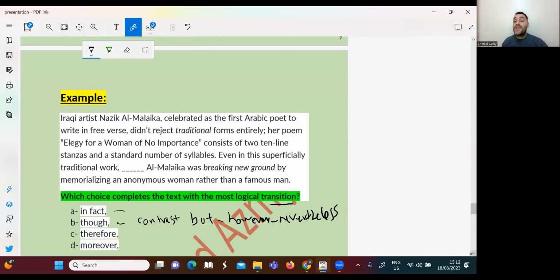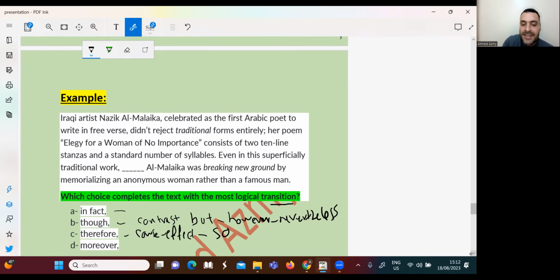Okay. Therefore is cause and effect, equal to so. I study hard, so I believe I will succeed. Cause and effect. I'm studying, I will pass. I studied, so I passed. Cause: studying. Effect: passing and success.